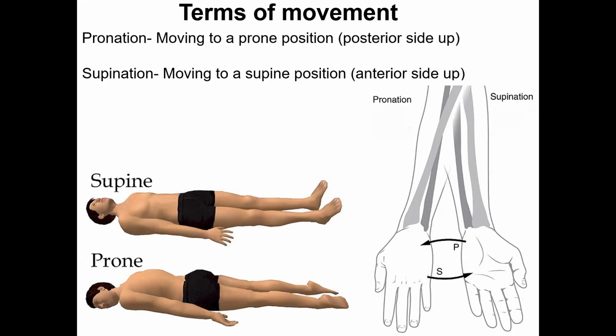But we can also use pronation and supination to speak about motions of the forearm. Pronating the forearm is turning the palms of the hands down to the floor, and supinating the forearm is turning the palms of the hands up to the sky. So we can rotate our forearm, pronating and supinating our hand respectively.